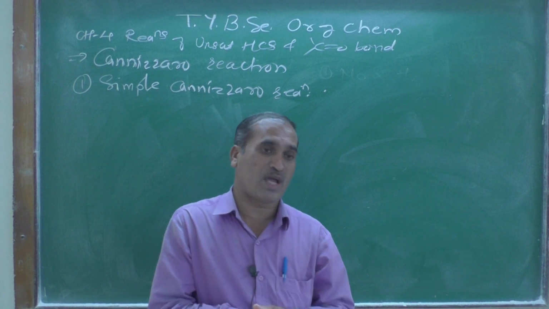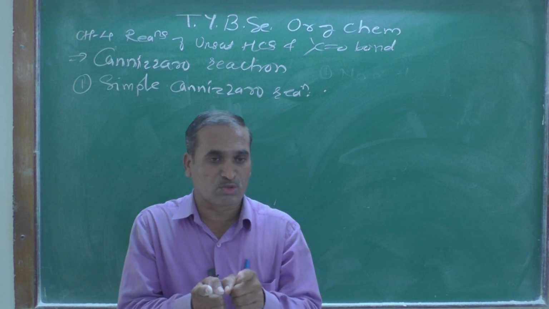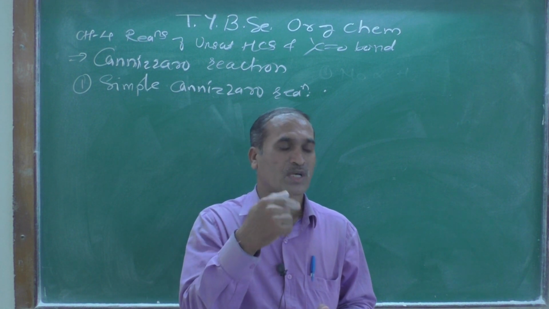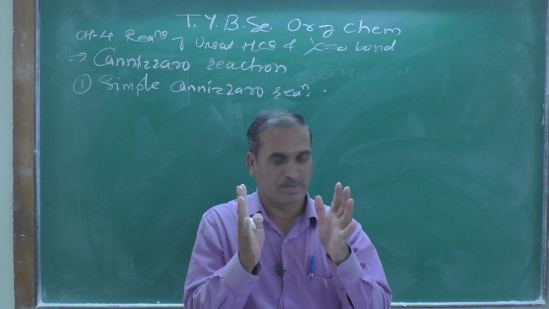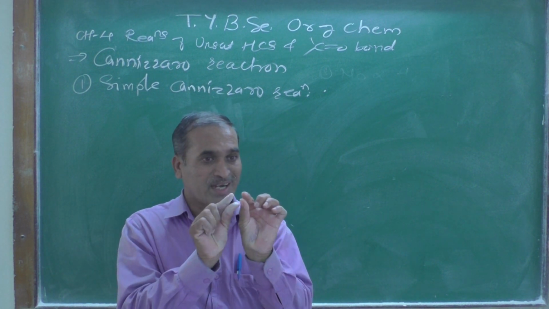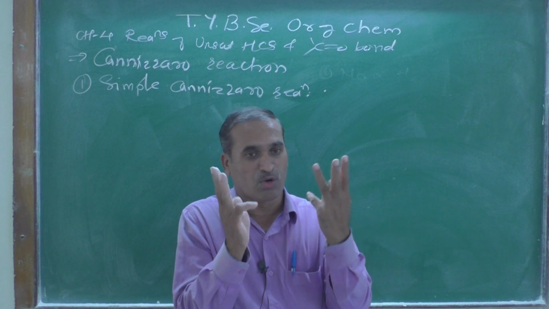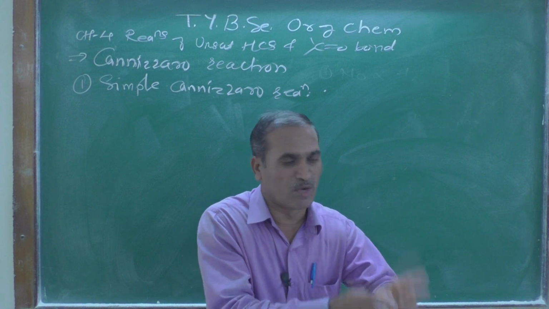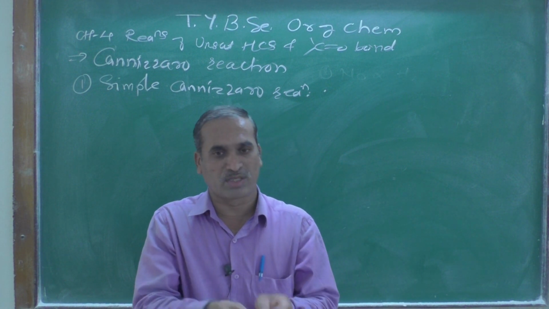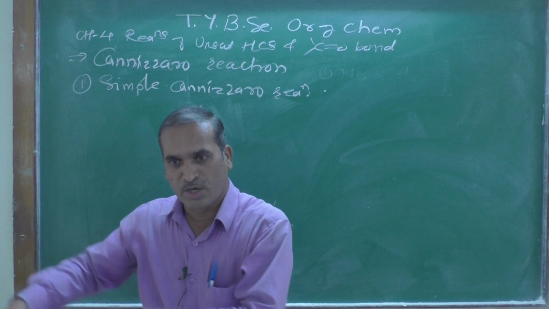And here is one important point you should remember. In a simple Cannizzaro's reaction there is no distinct difference between these, because both are the same molecule. One undergoes as the oxidized form, another goes as the reduced form.